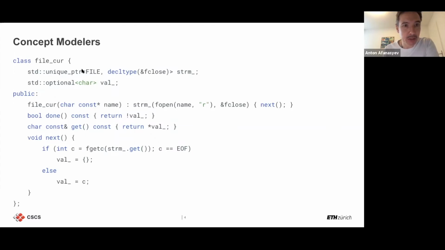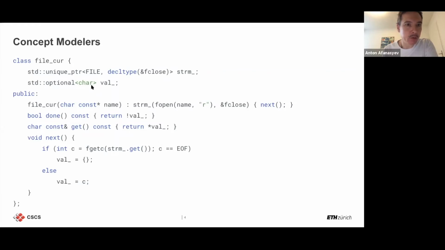To manage the resources, namely the file pointer, we use unique pointer. You see it has a custom deleter that will call fclose for us, and to keep the current value that we fetch from the file, we will use optional.